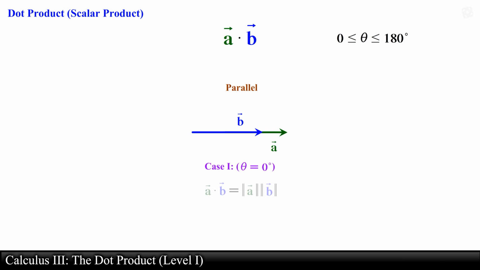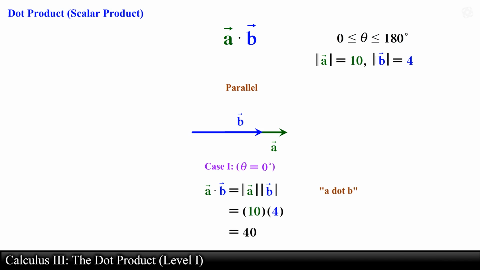Under this condition, the product of two vectors behaves similar to the way we multiply real numbers. For example, if vector A has a length or magnitude of 10 and vector B has a magnitude of 4, then the scalar product, pronounced as A dot B, would be equal to 10 times 4, which simplifies to 40.